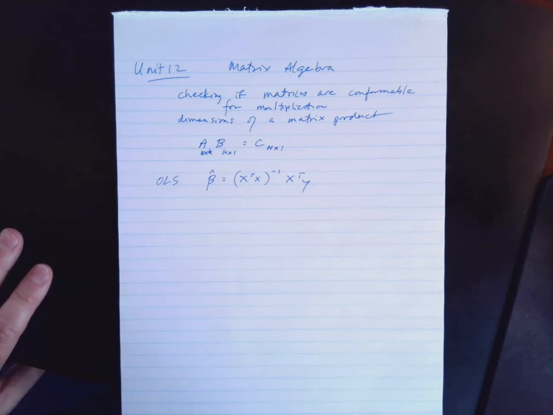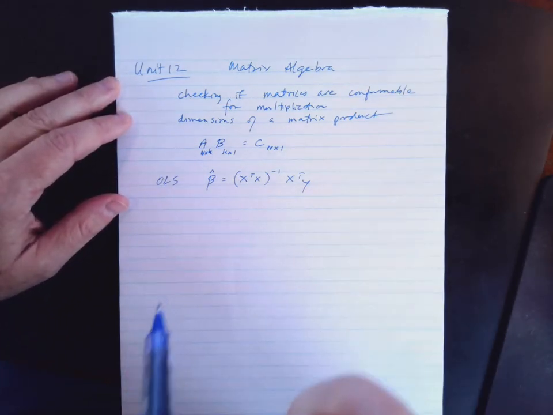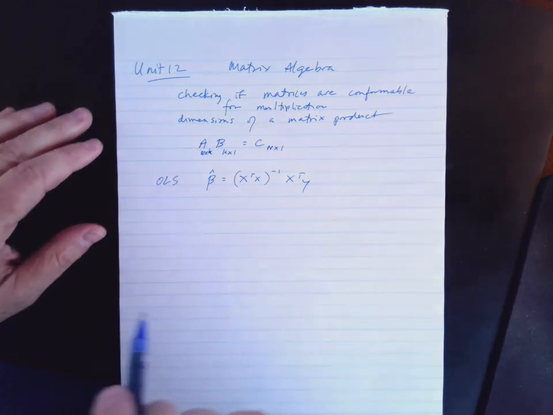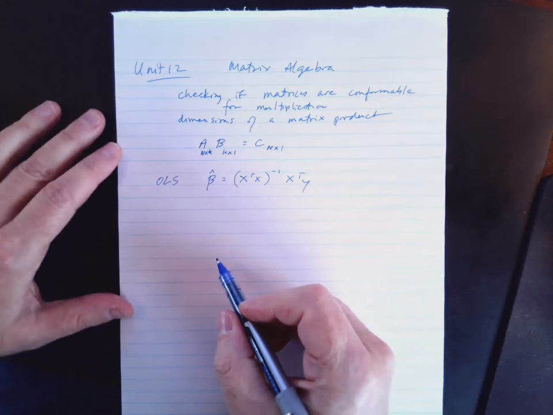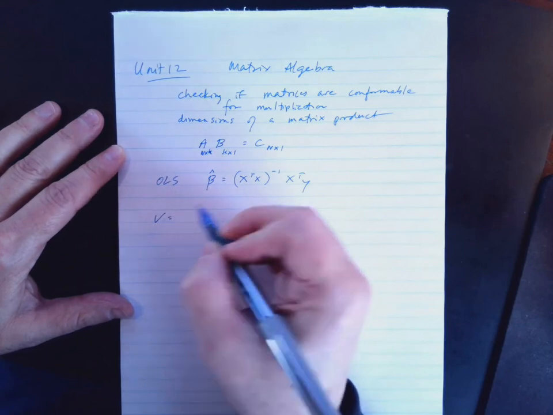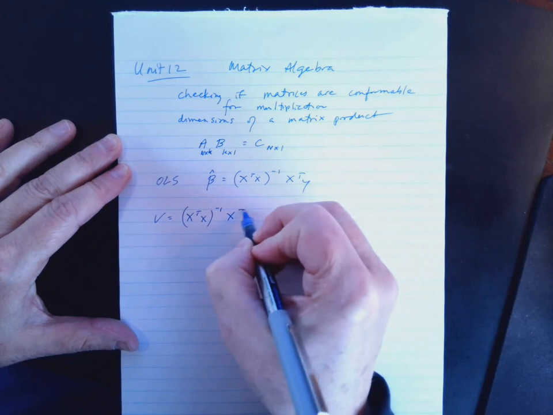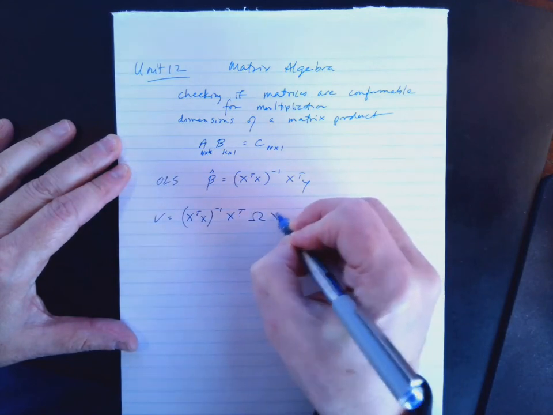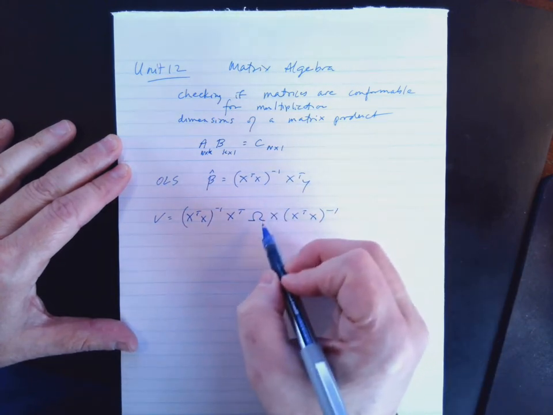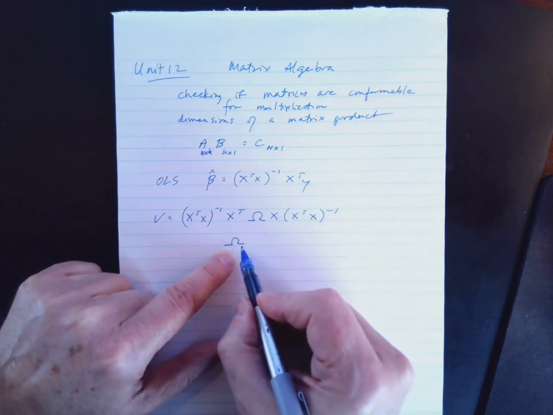And by the way, you don't need to know what I'm about to tell you now, but if you're wondering why that package in R is called sandwich, why is it sandwich to get White's residuals? Because the formula for the variance estimator, if you're going to use White's method, is X transpose X inverse X transpose omega X, X transpose X inverse, where omega is formed using the residuals of the OLS equation.